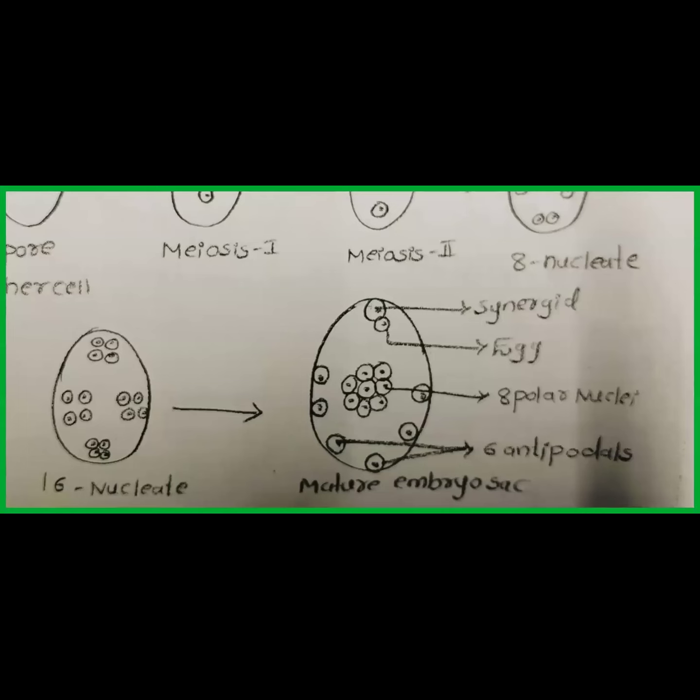There are 6 antipodals and 8 polar nuclei, and at the top one synergid and one egg cell. This is the mature embryo sac. This is called the Peperomia type, first observed in Peperomia, that's why the example is Peperomia. This is the Peperomia type 16-nucleate embryo sac.